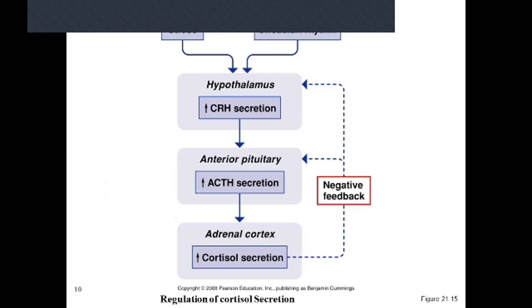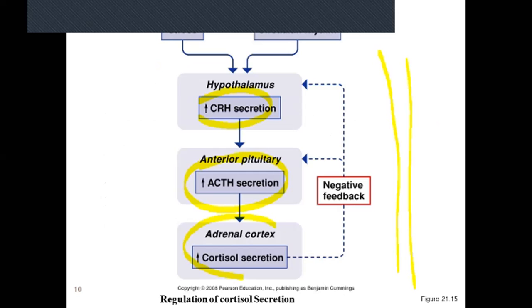Okay, then this is how the negative feedback or the regulation looks like. Hypothalamus, there is the releasing hormone, then there is adrenocorticotropic hormone from the anterior pituitary, then there is the adrenal cortex. When the level is high, there is a negative feedback mechanism that blocks at the level of the pituitary and hypothalamus so that there is no excess cortisol level in the body system. So this is how it looks like.